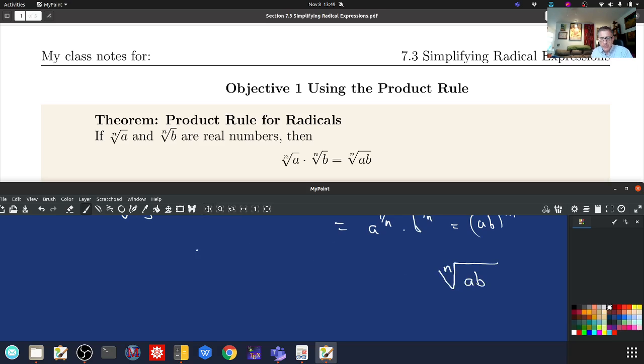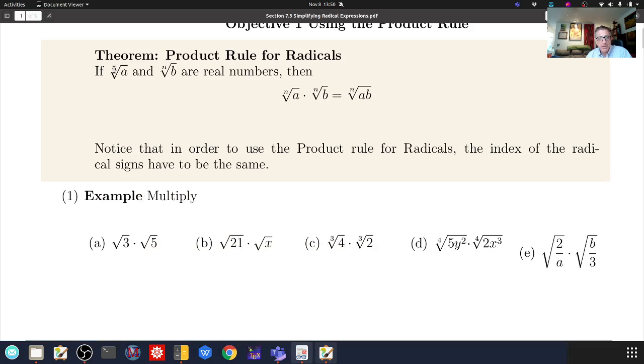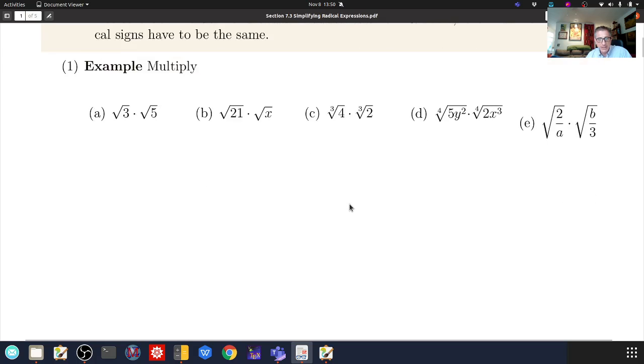So it really just follows from other rules we have that connect the nth root to fractional powers. Here is the thing I want you to keep in mind: in order to use the product rule for radicals, the index of the radical signs has to be the same. The value given for n has to be the same.